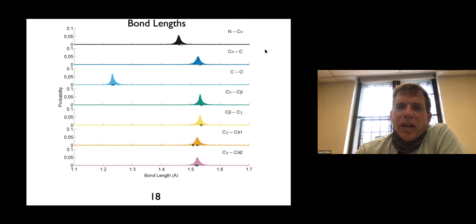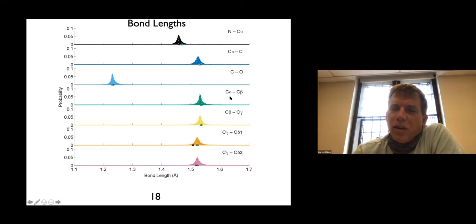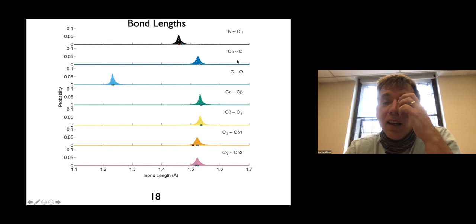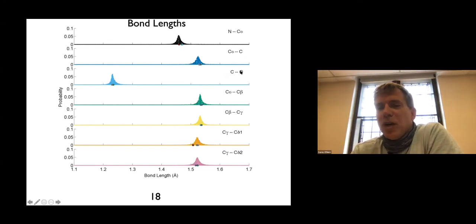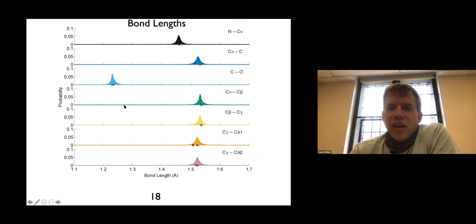Similarly, these are the bond lengths that occur between every two covalently bonded atoms. Here I show you a few examples, like between an alpha carbon and a carboxyl carbon, between the carboxyl carbon and the carboxyl oxygen, and so on. These are even much better defined.